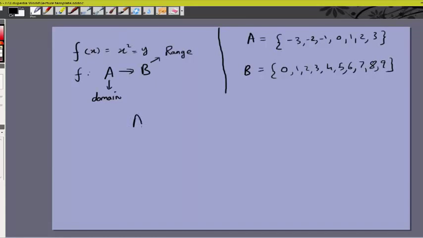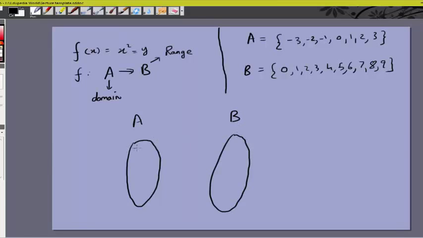So let's represent these two sets in a diagram, and this is how we generally represent sets. So the set A would be -3, -2, -1, 0, 1, 2, 3, and B would be 0, 1, 2, 3, 4, 5, 6, 7, 8, 9.